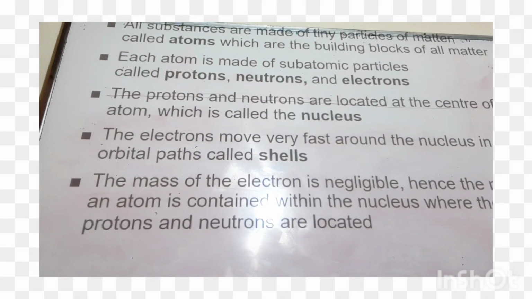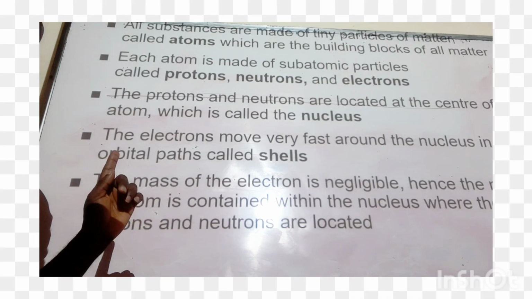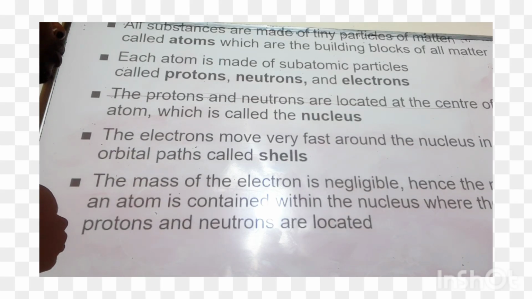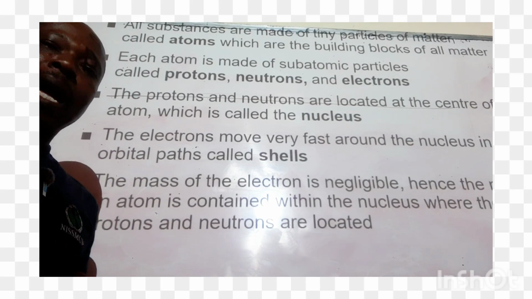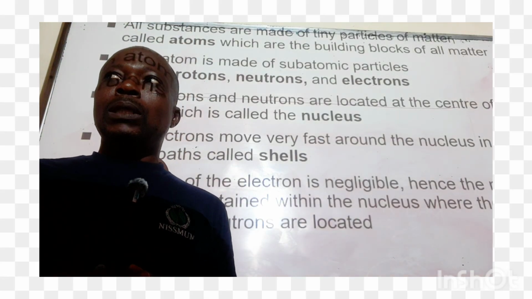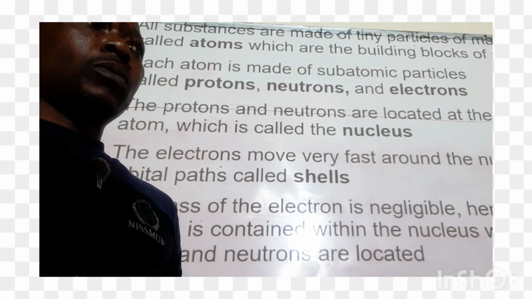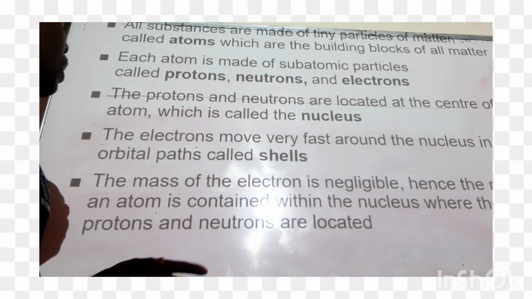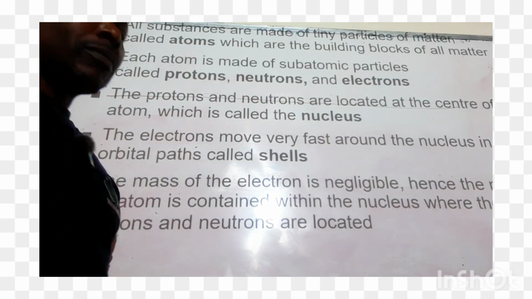Now let's go ahead. All substances are made up of tiny particles of matter called atoms, which are the building block of all matter. So atom is the building block of what? All matter. Each atom is made of subatomic particles.